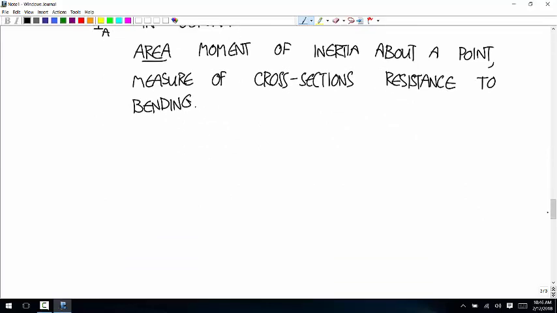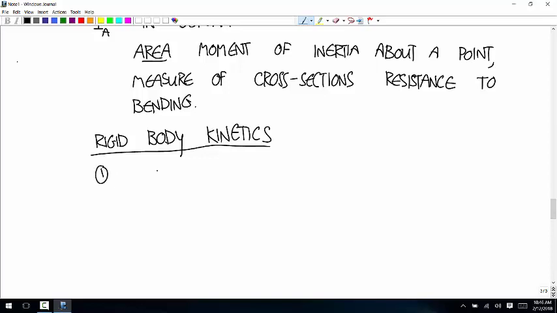Okay, so we're doing rigid body kinetics. And so now we've defined the center of mass, and we've defined the mass moment of inertia about a point.